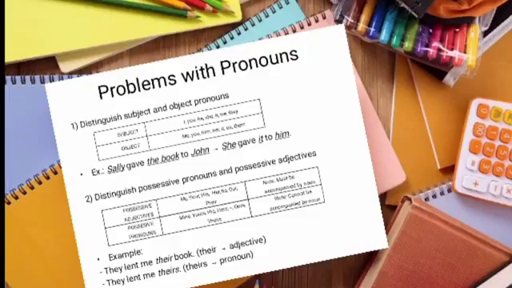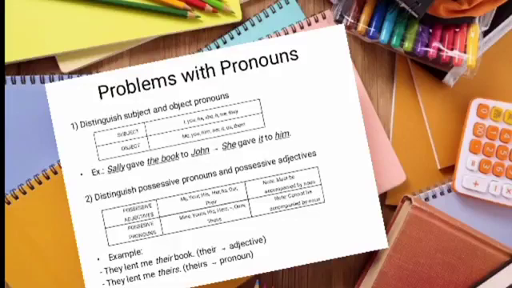The second point is distinguish possessive pronouns and possessive adjectives. We can see in the table the classification of possessive adjectives and possessive pronouns. In possessive adjectives, there are my, your, his, her, its, our, and their. And in possessive pronouns, there are mine, yours, his, hers, ours, and theirs.